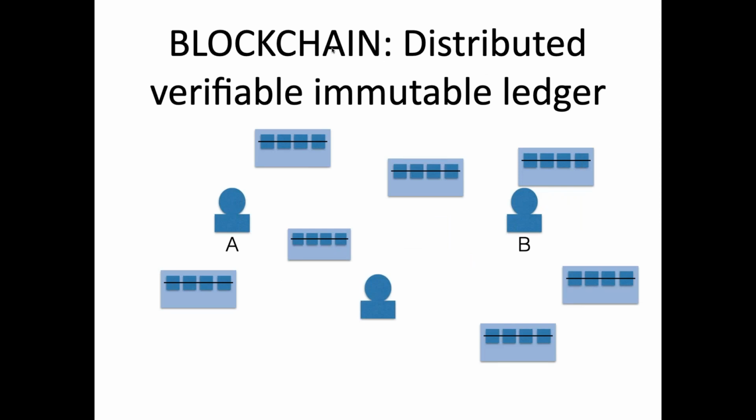And what it does is that it can not only record all these transactions in terms of who gives whom what, but it actually keeps track of all these transactions, and none of it can be changed. That is where this immutability comes from, and whatever has happened can be verified.